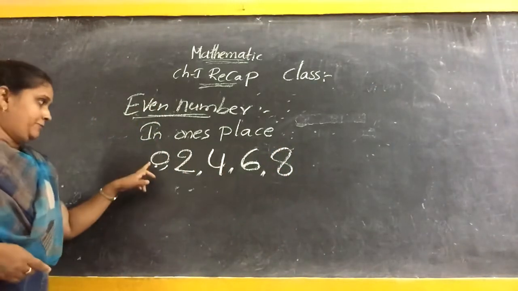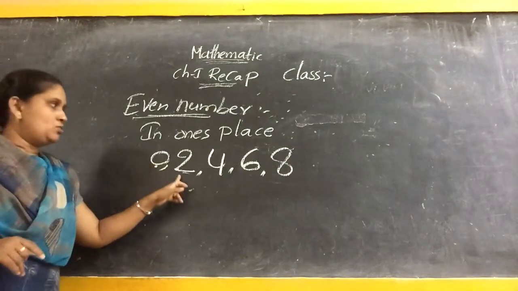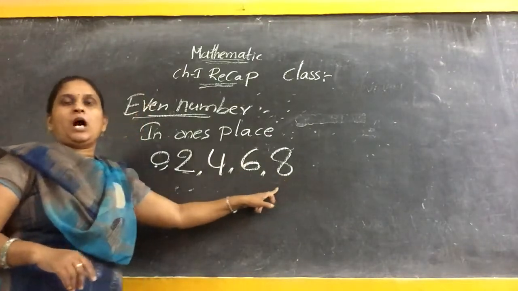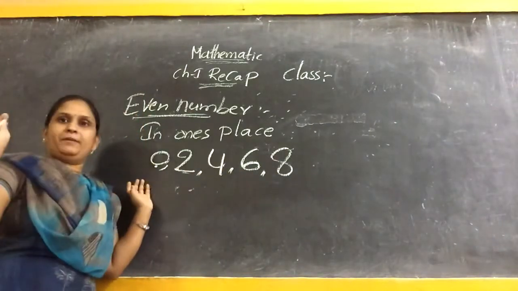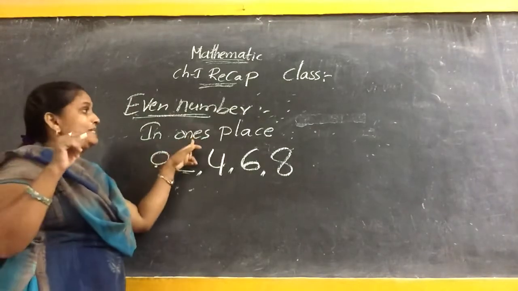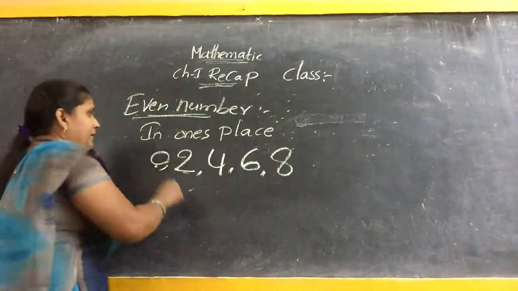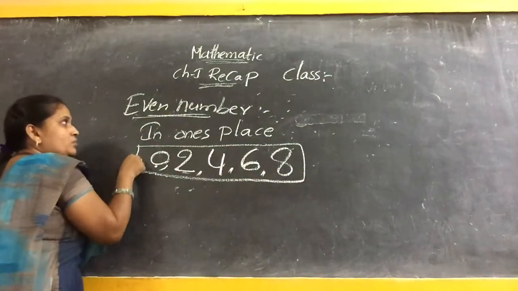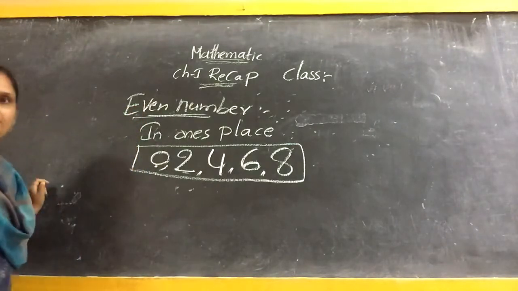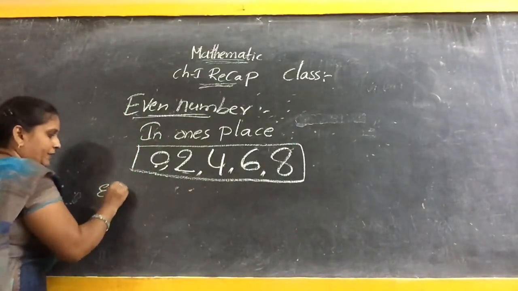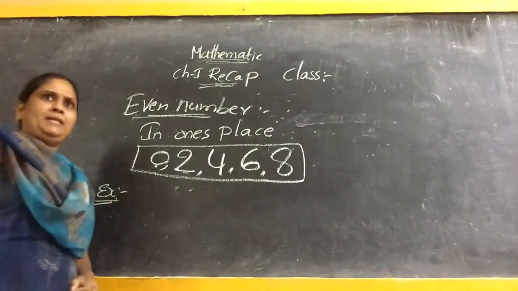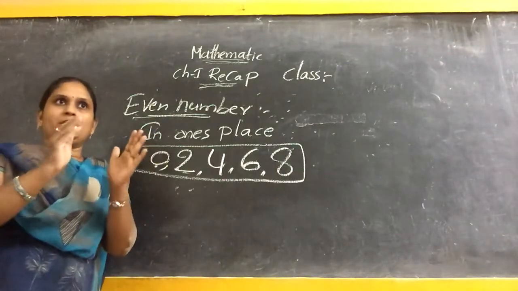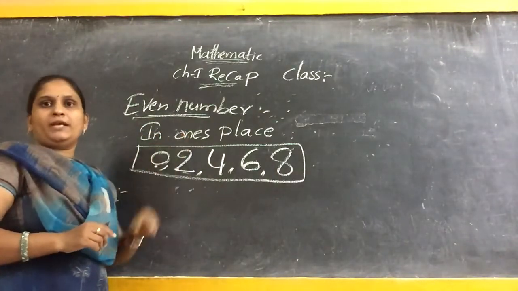If in ones place there is either 0, 2, 4, 6 or 8, any one of these 5 digits, in the ones place value, then that number will be called an even number. How big a number he may give, don't worry about that. Only concentrate on checking in the ones place.